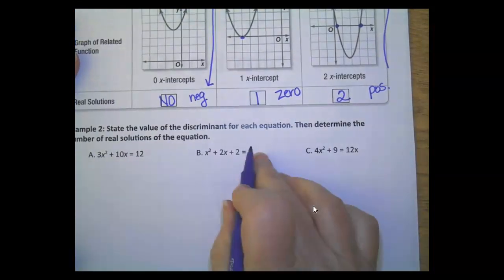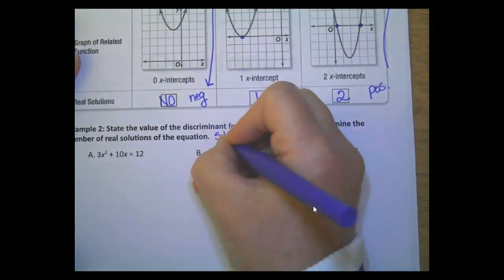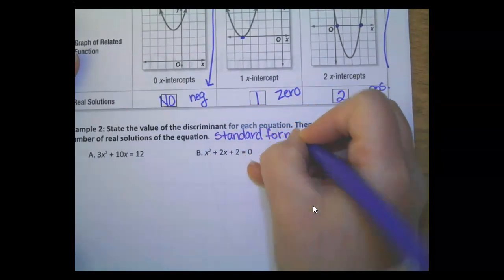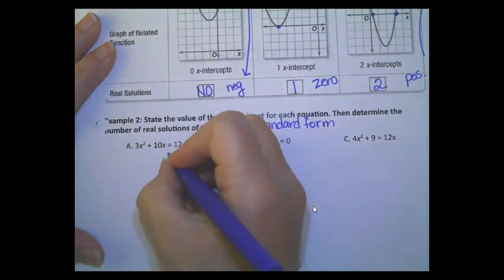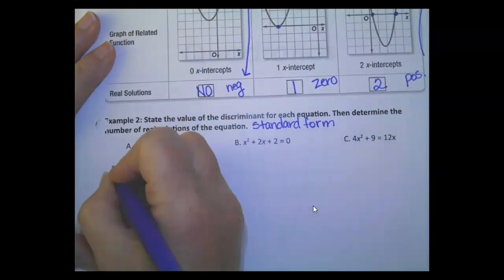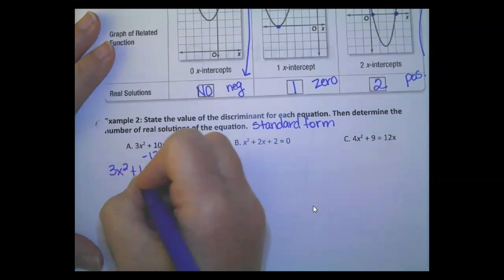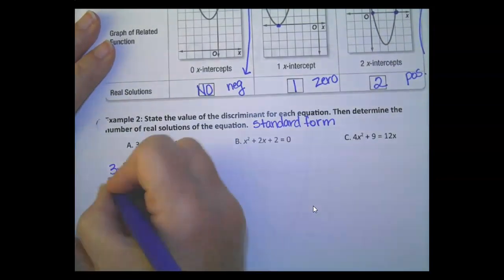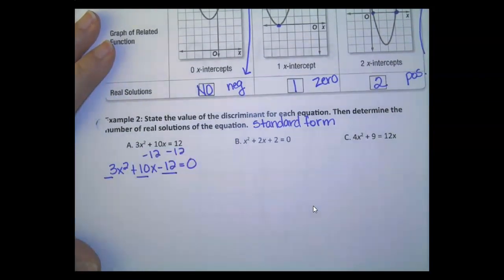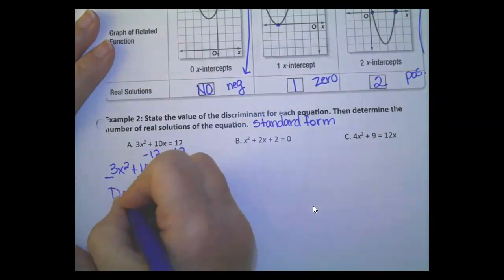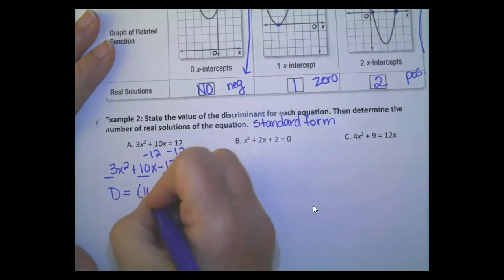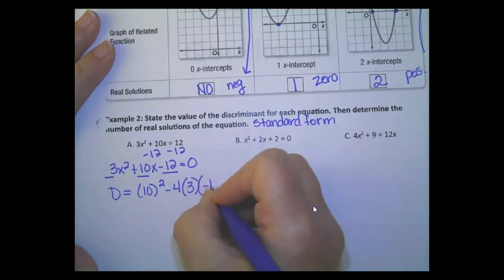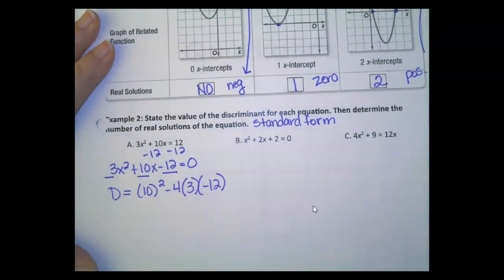So again, you must be in standard form. On here, I need to subtract 12 from both sides. I end up with 3x squared plus 10x minus 12 equals 0. And then I have my a, my b, and my c. So my discriminant is equal to my b squared, so 10 squared minus 4 times my a times my c.